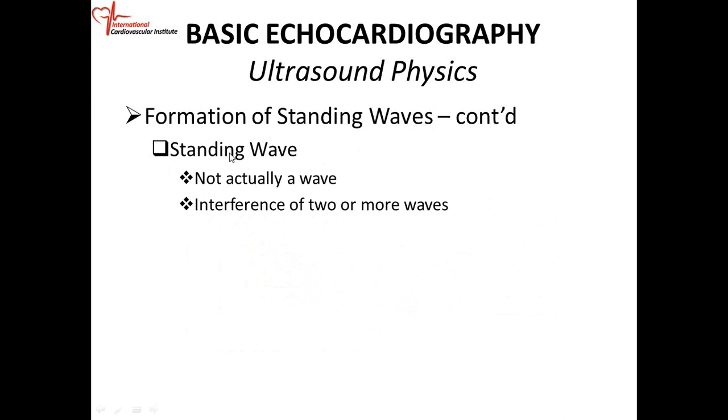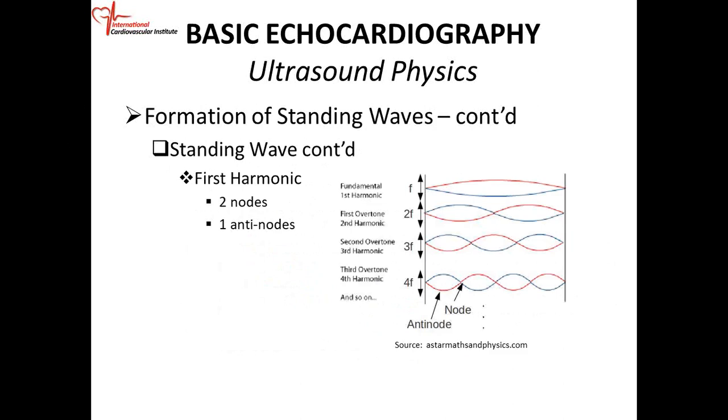Again, your standing wave is not an actual wave. It is an interference between two or more waves, actually between the incident and the reflected wave. When we talk about the fundamental frequency, the fundamental frequency and the first harmonic are the same thing.